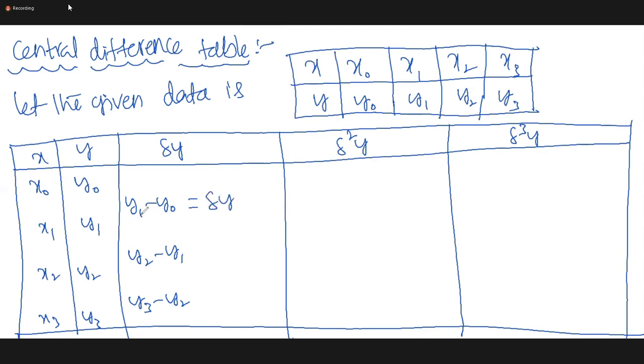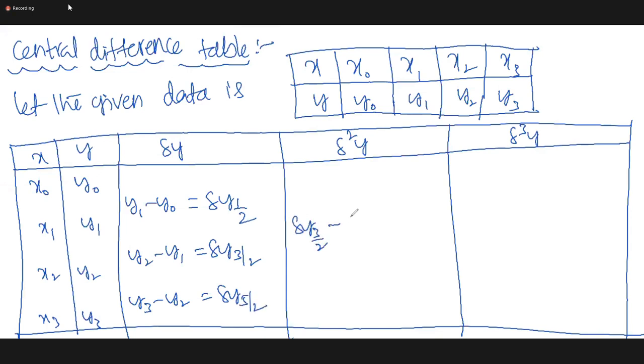What is the average of the suffixes 1 and 0? 1 by 2. Here, small delta y, average of 3 and 1? 3 by 2, sorry, 1 by 2. Next, average of 2 and 3, 5 by 2.